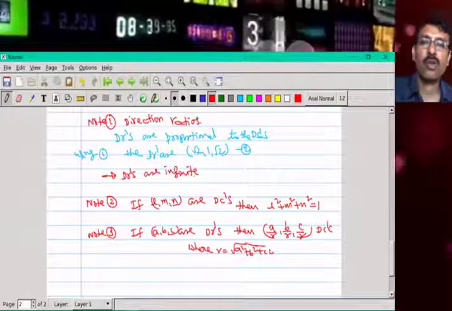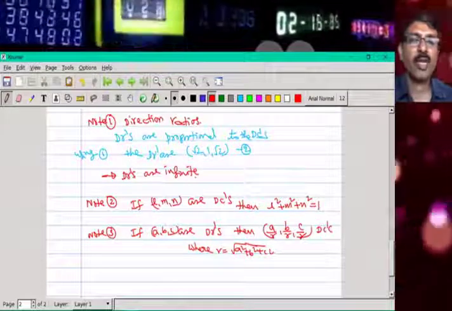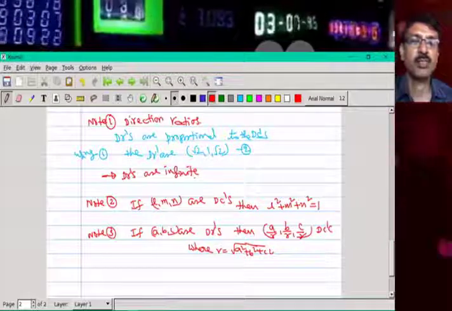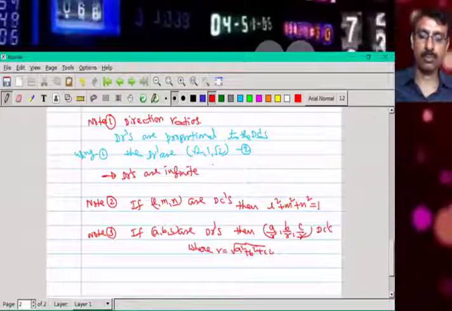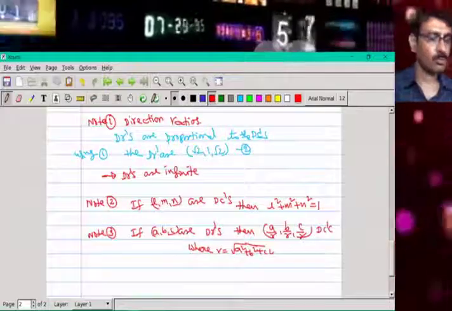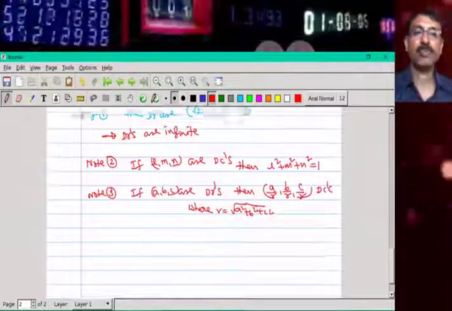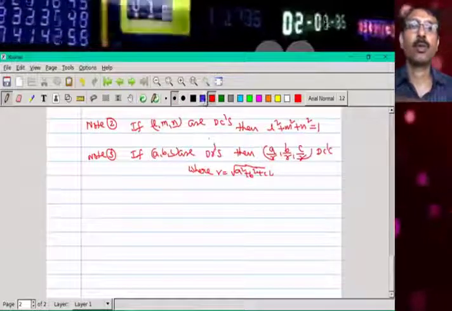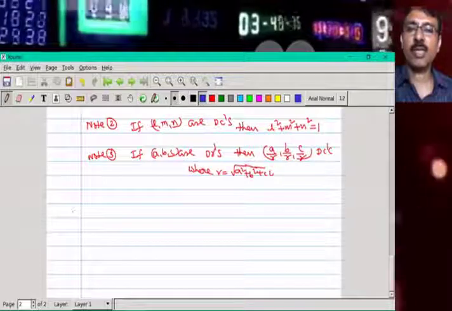So note 3 explains the process of converting DRs to DCs. So this is the concept for DCs and DRs.